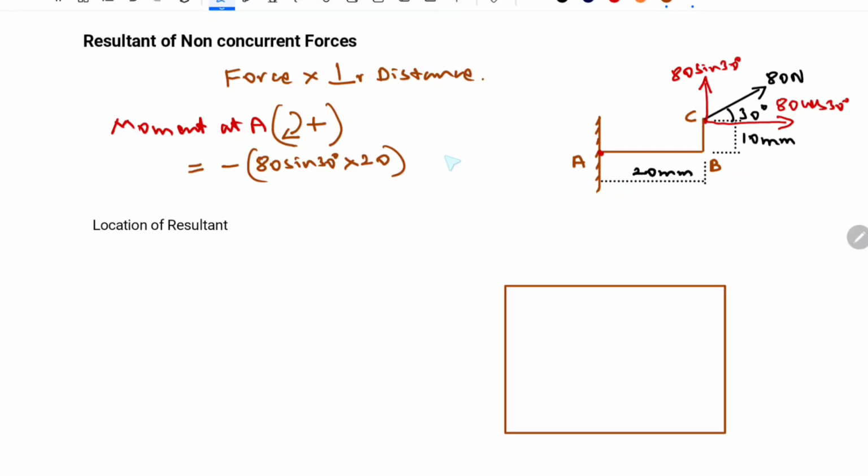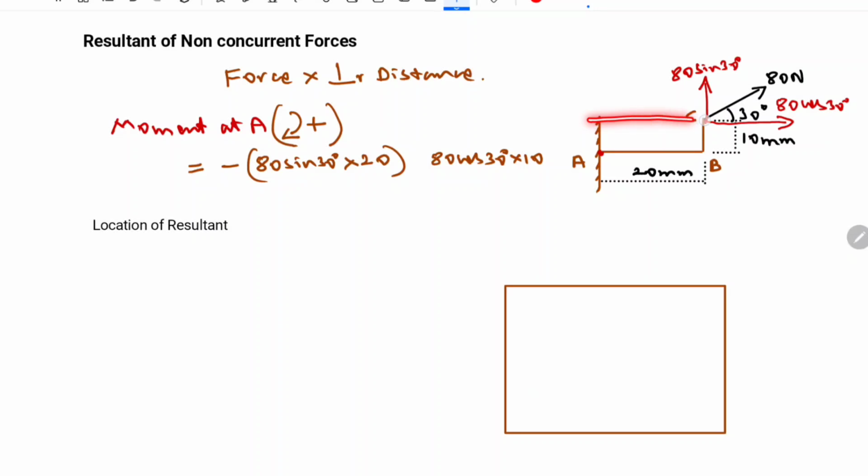Now coming to the next force, 80 cos 30 degrees. This is the line of action of the force, and the perpendicular distance between the force and the point A is the vertical distance, because the force is acting in the horizontal direction. The distance is 10 mm, so it is multiplied by 10 mm. We have considered force and distance; now the third one is the direction.